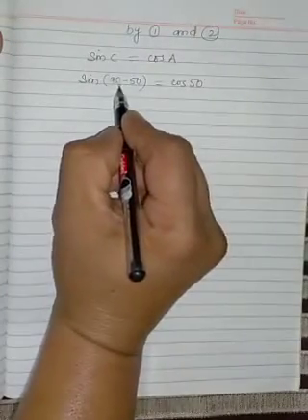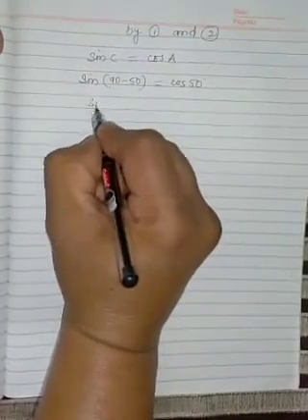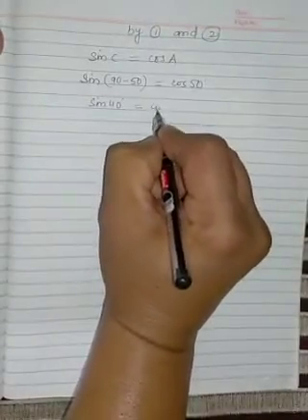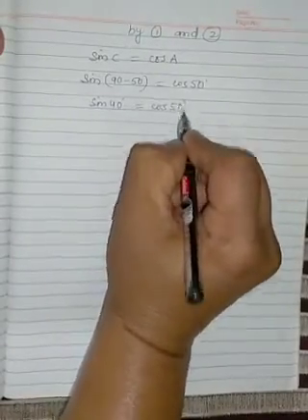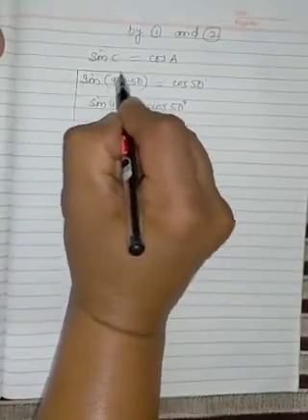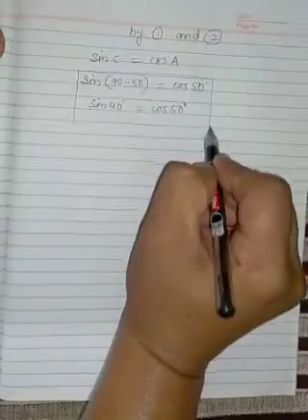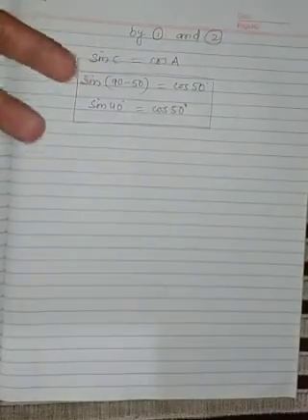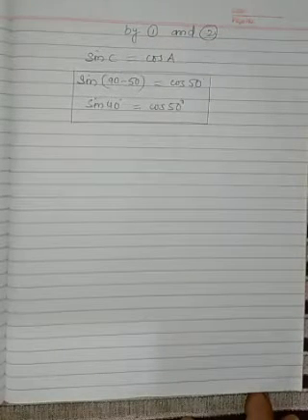Now sine 90 minus 50 is equal to sine 40 degree, which is equal to cos 50 degree. So here these two things we have to understand, that whenever we will solve the question, without going into detail, how directly we can use these ratios in solving questions.